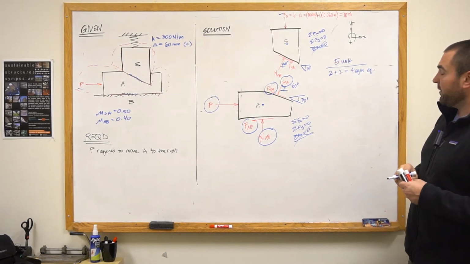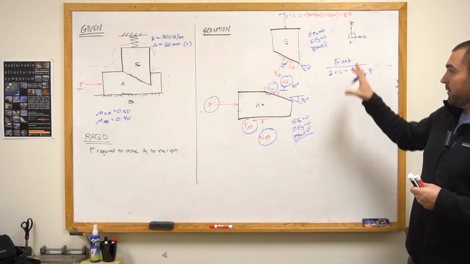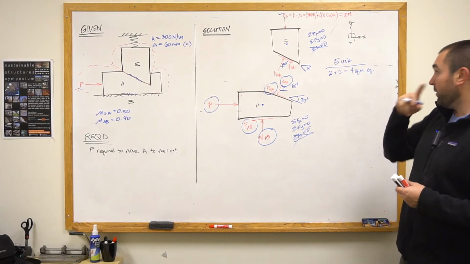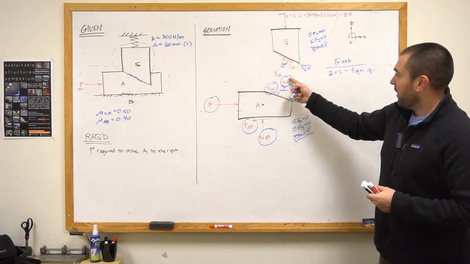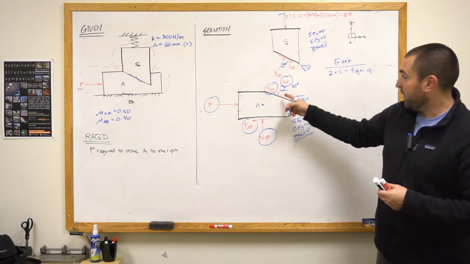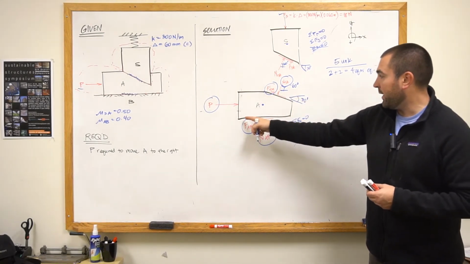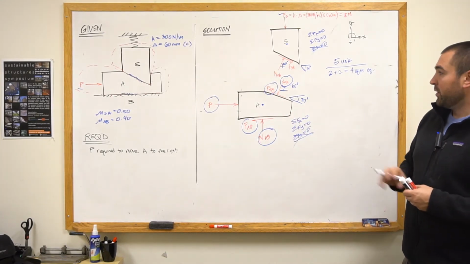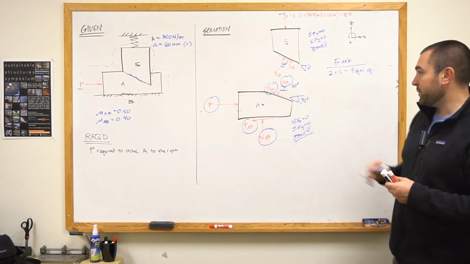So I need to be able to get this down to a reasonable number of equations or a reasonable number of unknowns. And what I can do in this situation is I can say, well, in order for A to move to the right, I need this interface SA to slip, and I need this interface AB to slip as well. So if this is a rigid body, if one part of it slips, the other one has to be slipping as well.